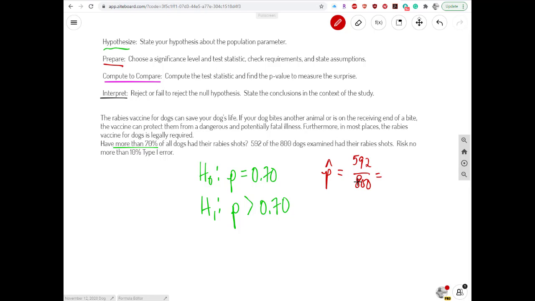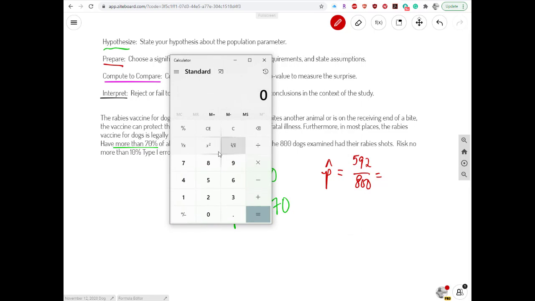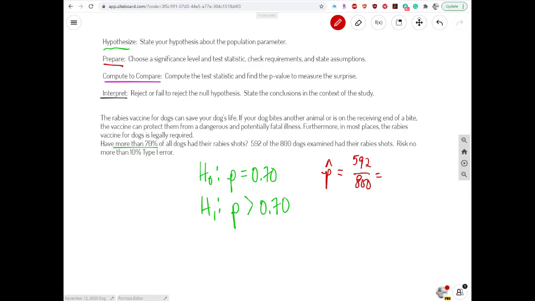I'm going to grab the calculator again. 592 divided by 800, and I get 74%. So that is 0.74.